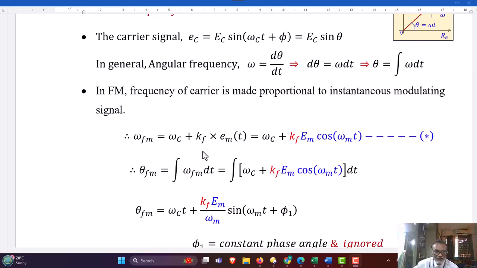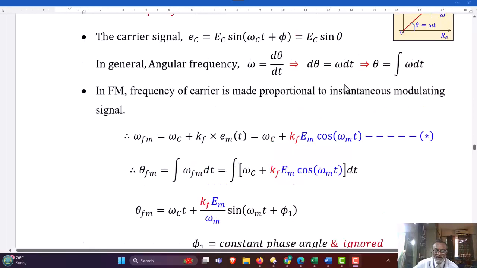K_f is just a proportionality constant. For the sake of simplicity, we can assume K_f as 1. That is possible. We will replace the instantaneous value of the modulating signal e_m by its expression E_m cos(omega_m t).